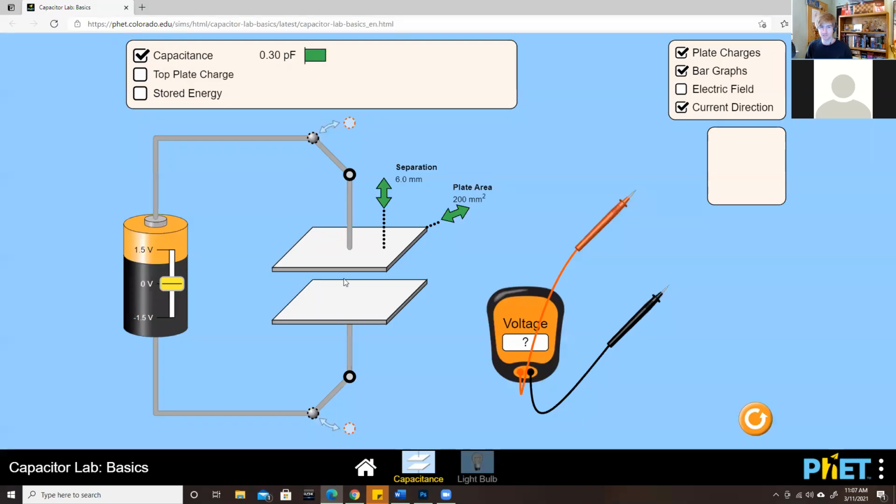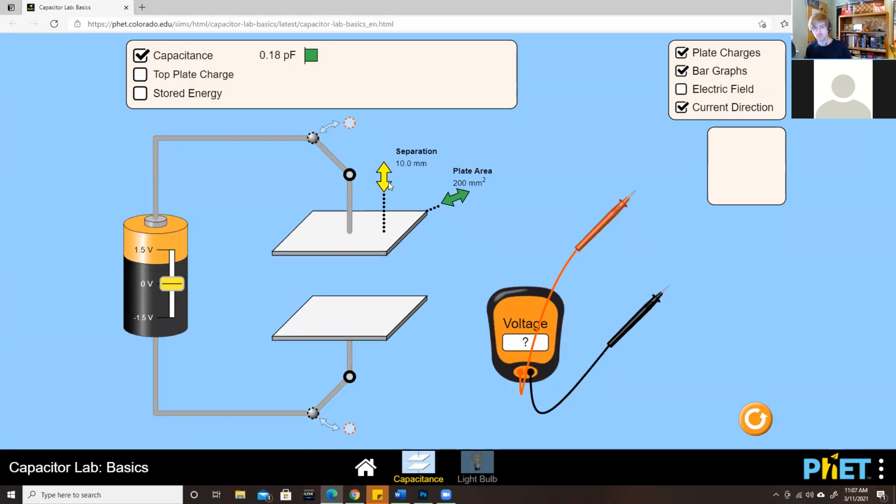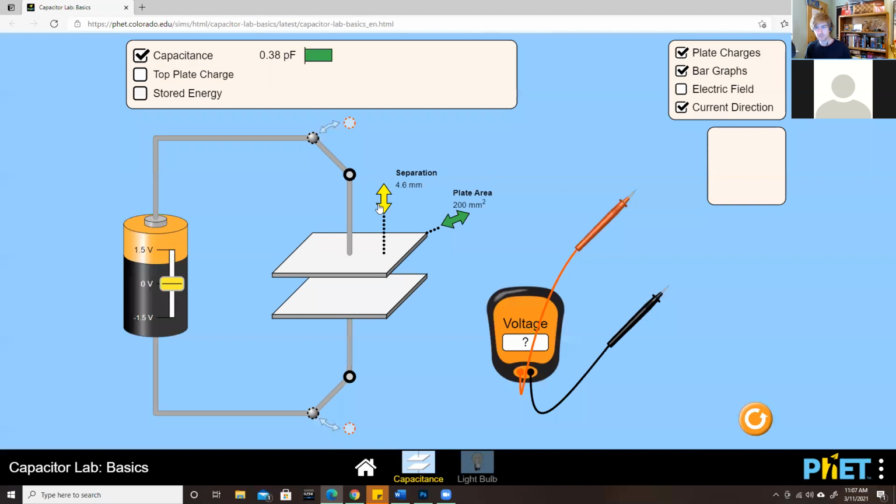Once it's charged, we're going to raise and lower this. Another thing, the big thing to make sure about is that all of these boxes up in the top right are filled in. So you need to click on electric field right here. So those are all filled in.